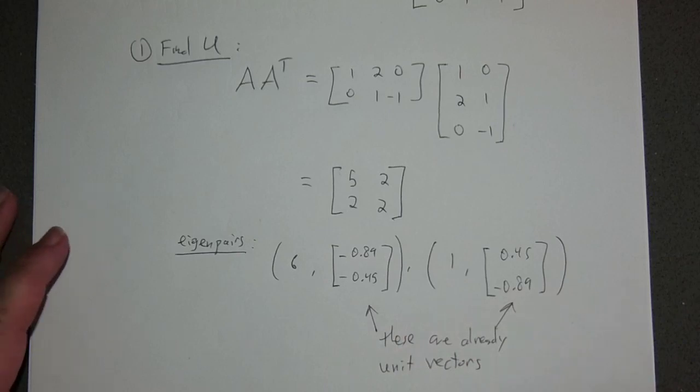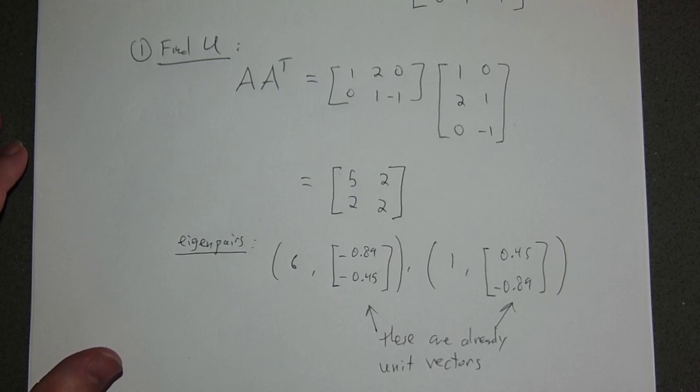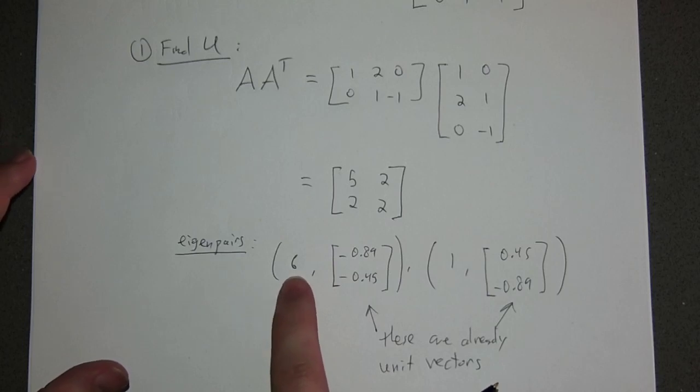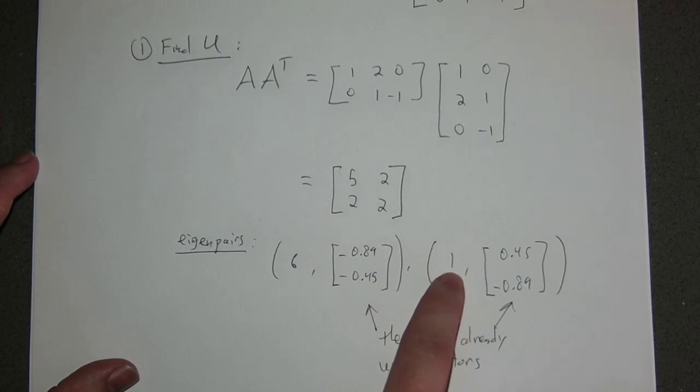But before I write this out, so here's my unit vector. If I'm going to have these going in non-increasing order, then I want my largest one in the upper left, and the square root of 6 is going to be bigger than the square root of 1.